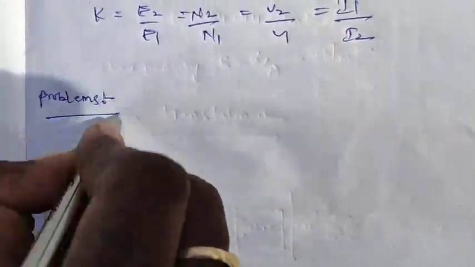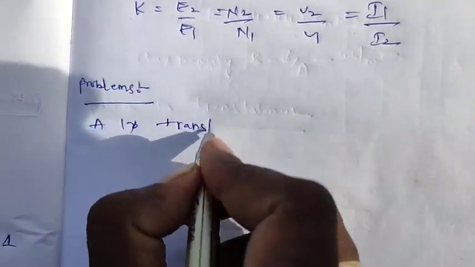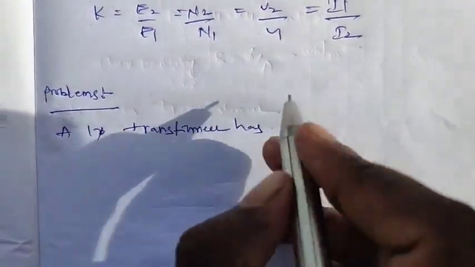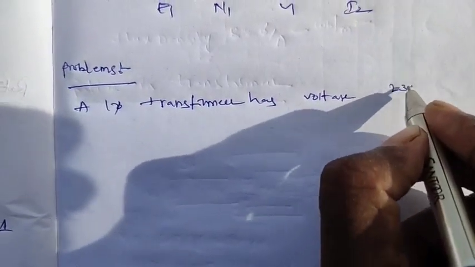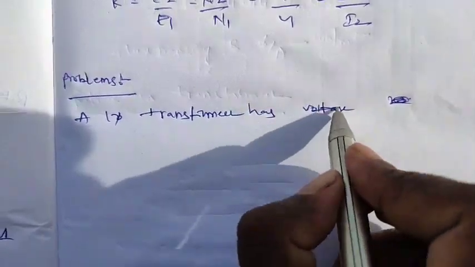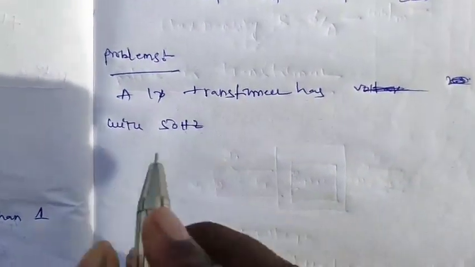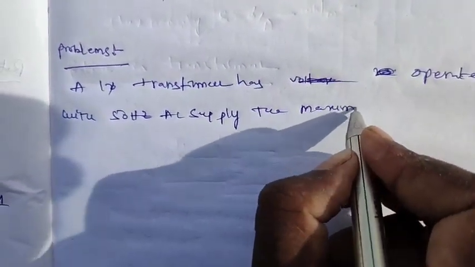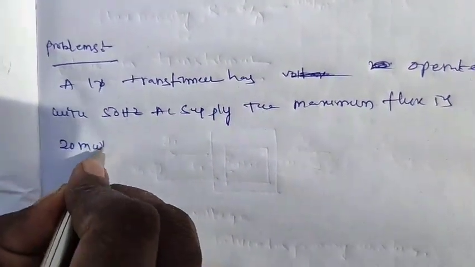So see one problem. A single phase transformer is operated with 50 Hz AC supply. The maximum flux is 20 milliwebers.